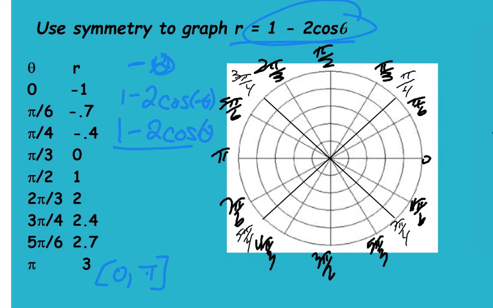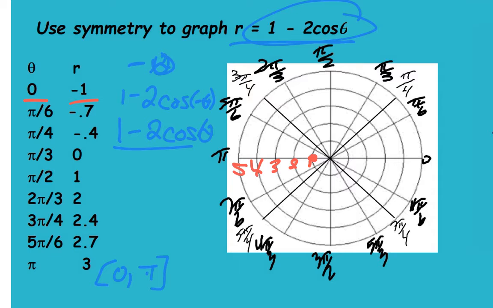So let's plot some points. So let's do our scaling. So we're going to call this a 1, a 2, 3, 4, and a 5. Make sure you know what your scales are, of course. And I wrote it that way. I could have written it on the other side. And so at 0, we're at -1. So we're back here. Remember, you got to be careful about negatives.